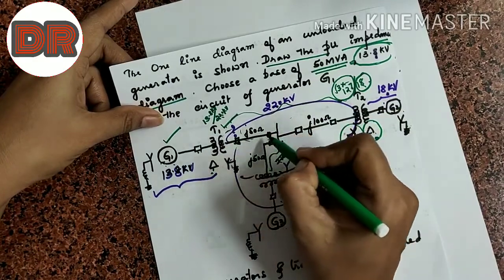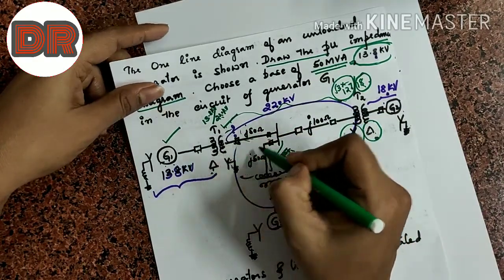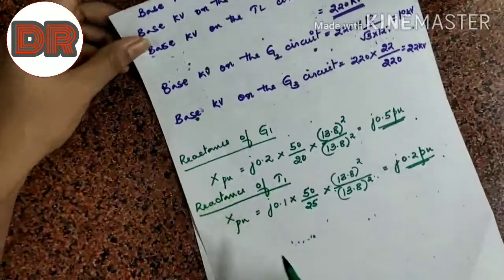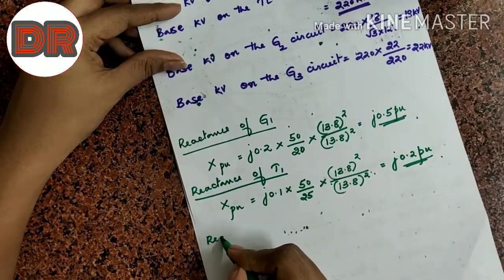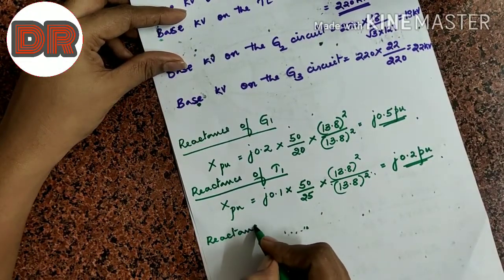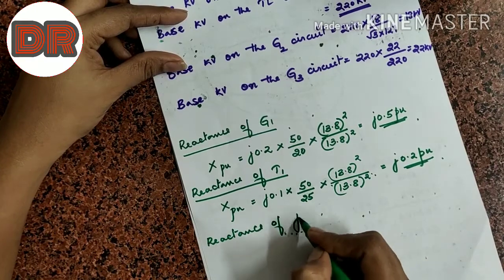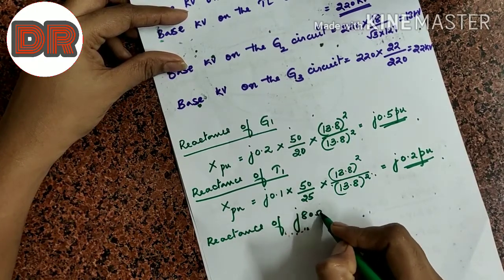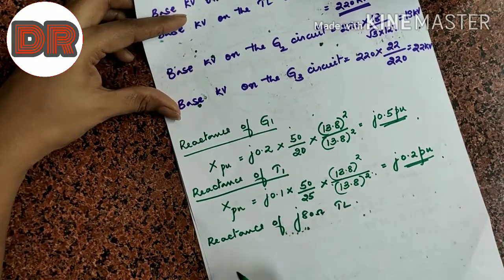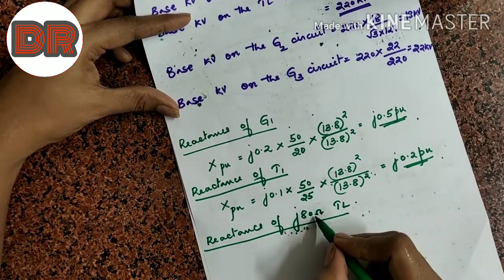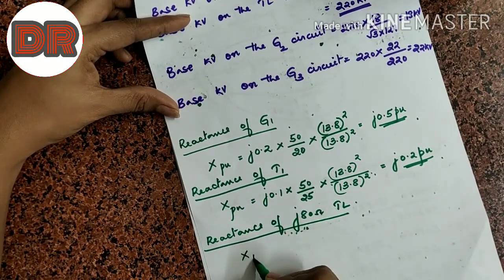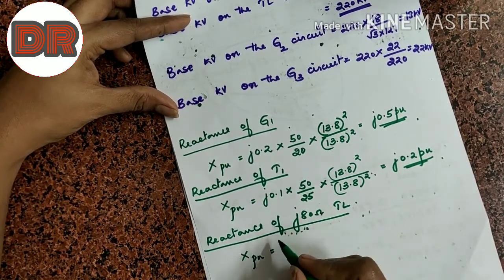Let us calculate the per unit value for the transmission line with the j80 ohm reactance, that is per unit reactance of the j80 ohm transmission line. Since it is given in ohm, we have to use the other equation for calculating per unit.